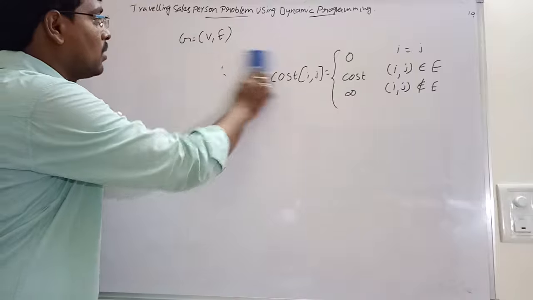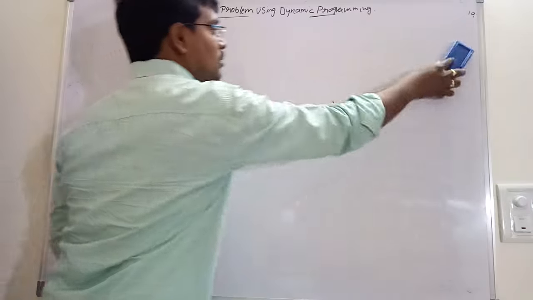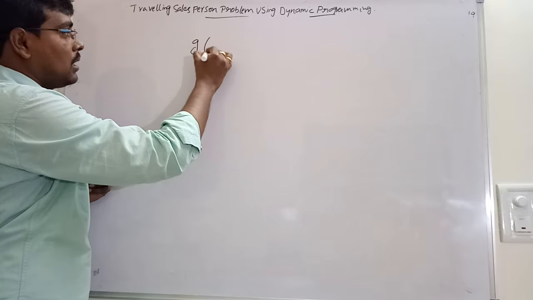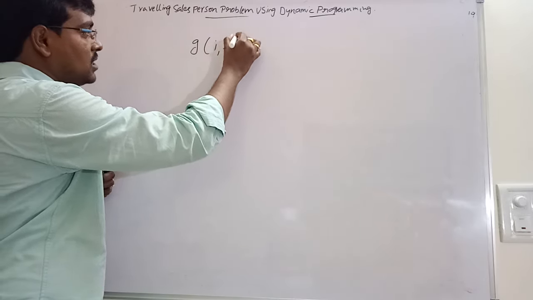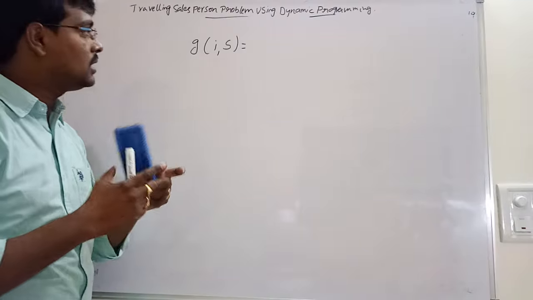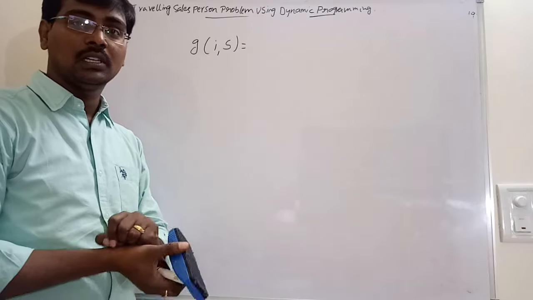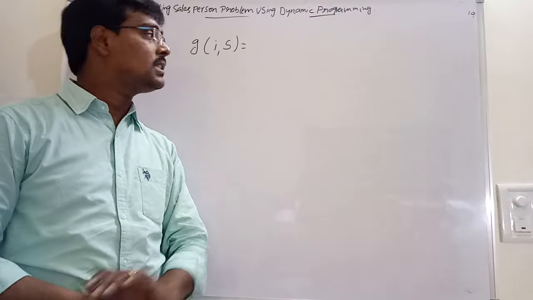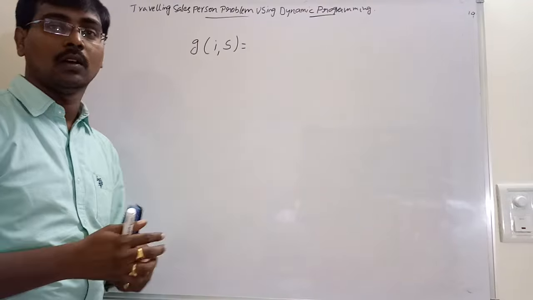Coming to dynamic programming, the procedure to calculate is g(i, S) = min over j belonging to S of (C_ij + g(j, S minus {j})). Here i is the starting vertex, and S contains the remaining vertices of the graph.